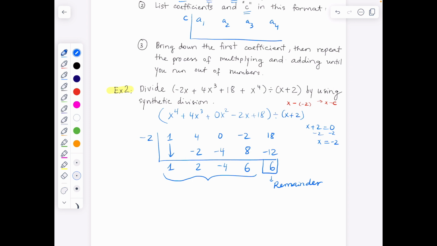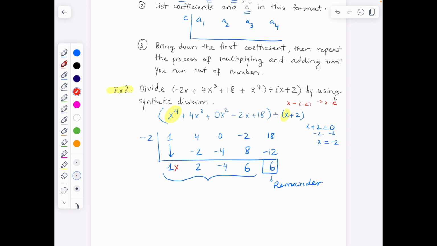Remember, our dividend started with x to the fourth power as the highest degree. After dividing by a linear term, which has a degree of 1, we should be left with the degree of 3. Think about it: x to the 4th divided by x gives you x cubed. So you're going to use these four numbers, 1, 2, negative 4, and 6 as the coefficients.